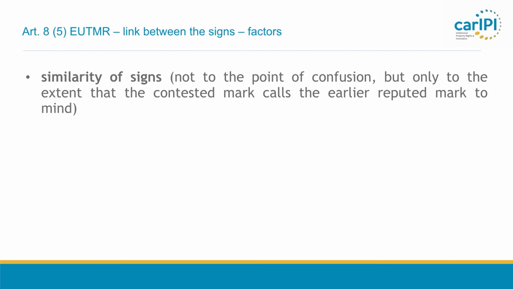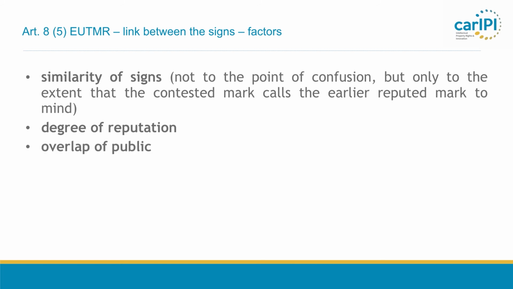Once we establish that we have reputation, the link. As I mentioned, the link is a concept devised by the case law, by the courts. The link exists when the later trademark, the contested trademark, calls the earlier reputed one to mind. The link requires that there is a degree of knowledge of the earlier trademark, so that it has reputation, and that the trademarks are similar. They don't have to be similar to the point of confusion, but there has to be some similarity.